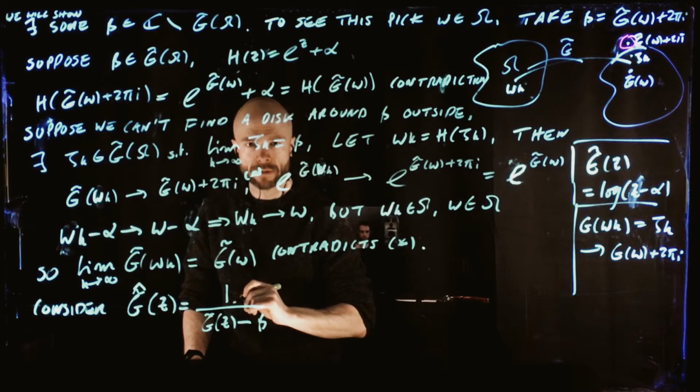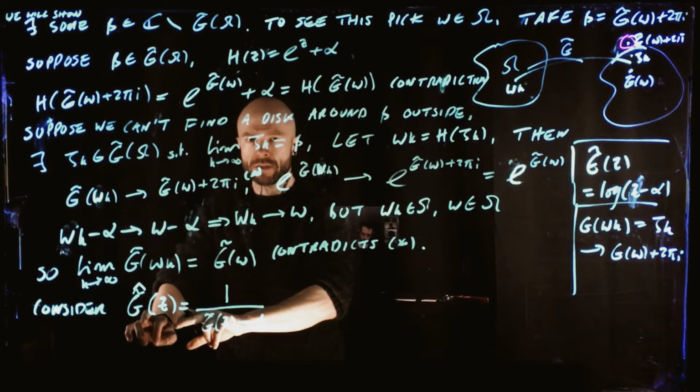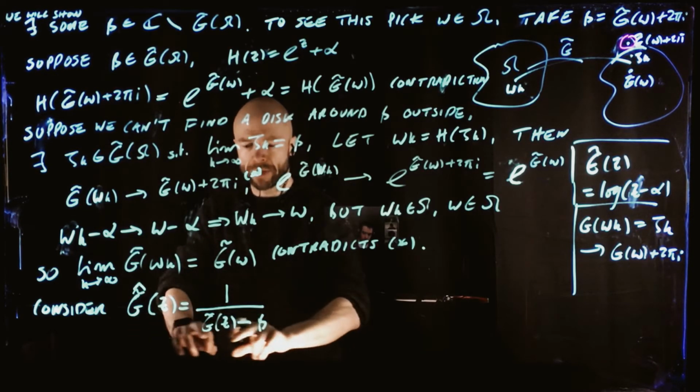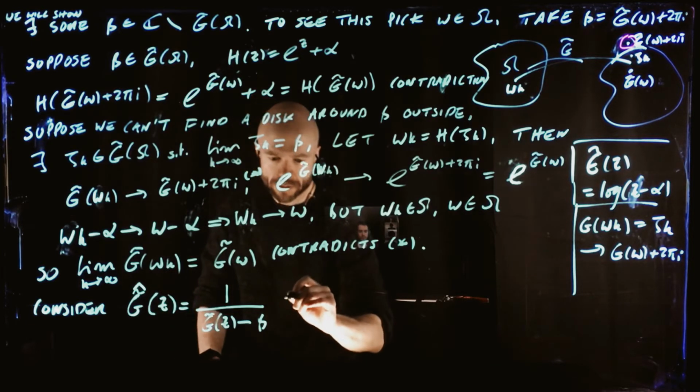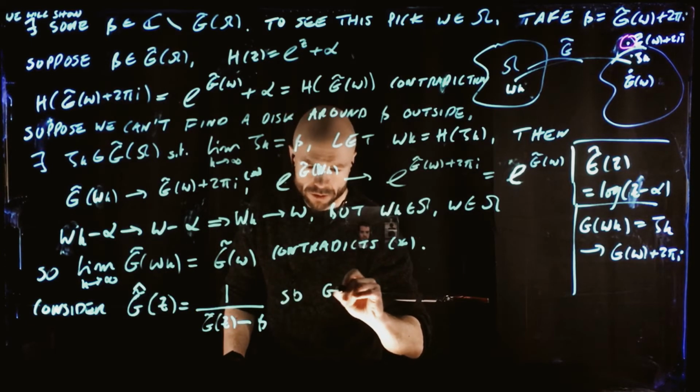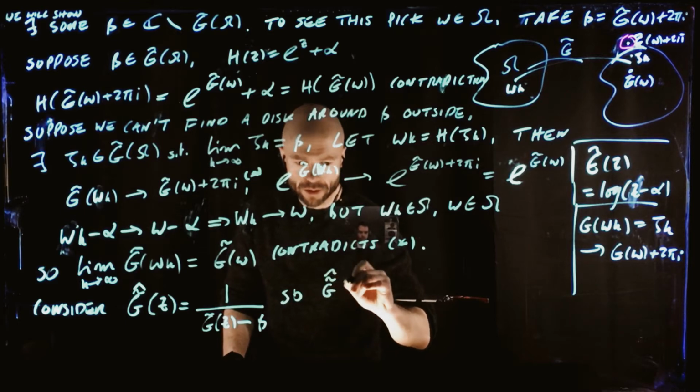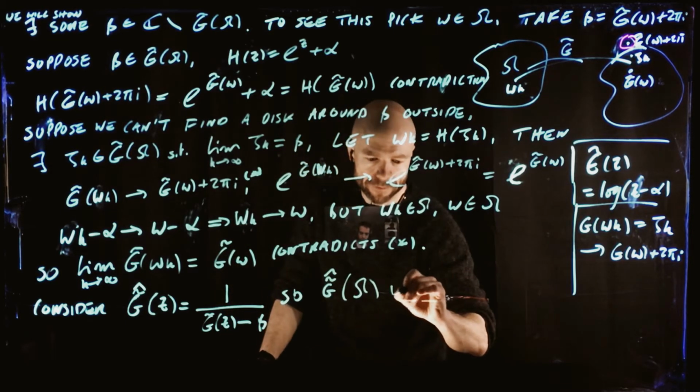Okay? Then this thing is definitely a bounded map, because this quantity on the bottom can never get too small, because that's what we just showed. So G tilde hat of omega is bounded.